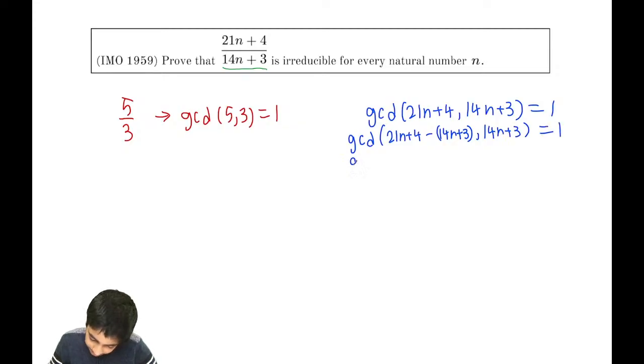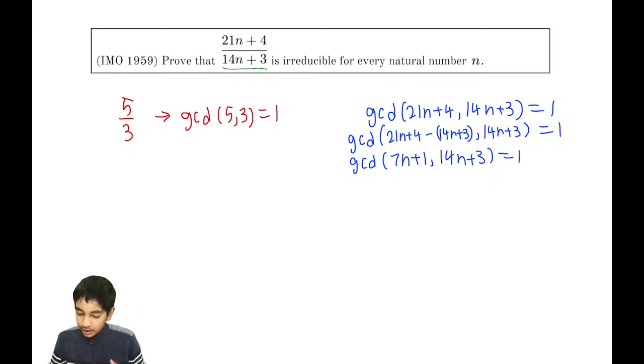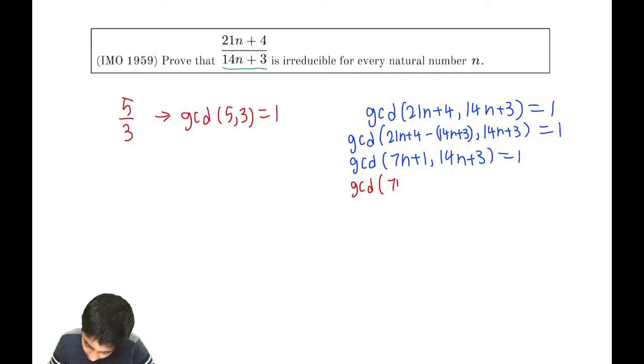And this is just nothing but the GCD of 7n plus 1 and 14n plus 3. So now I have to prove that the GCD of 7n plus 1 and 14n plus 3 is 1. How can we do that? Well, notice that the GCD of this is just going to be equal to the GCD of 7n plus 1, comma 14n plus 3 minus 2 times (7n plus 1). This is just going to be equal to this.